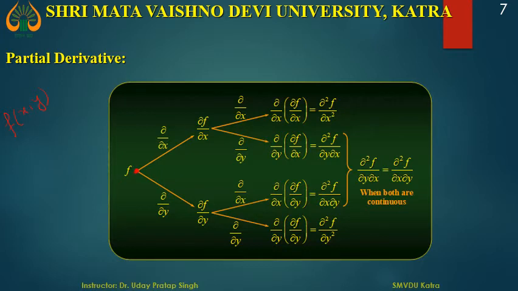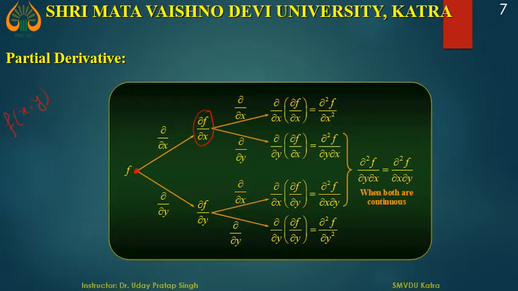Now one branch gives the partial derivative of f with respect to x, that is dou by dou x of f, dou f by dou x, and another branch gives the partial derivative of f with respect to y, that is dou f by dou y, right?